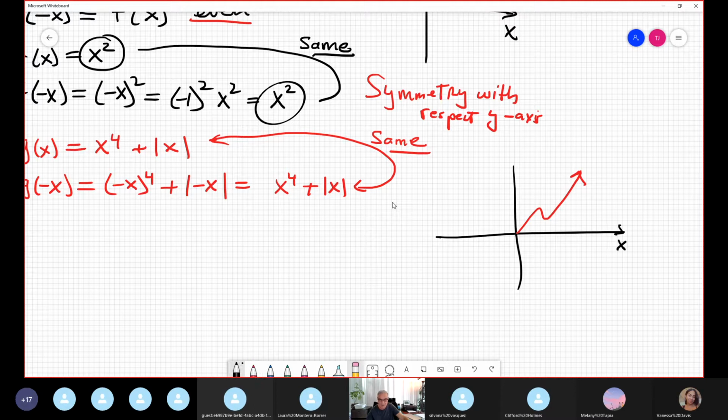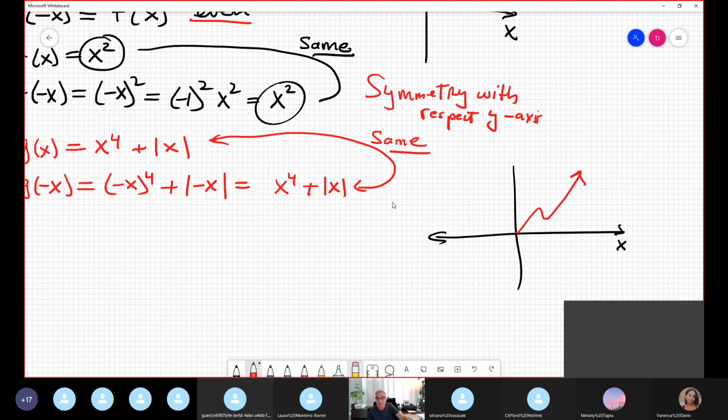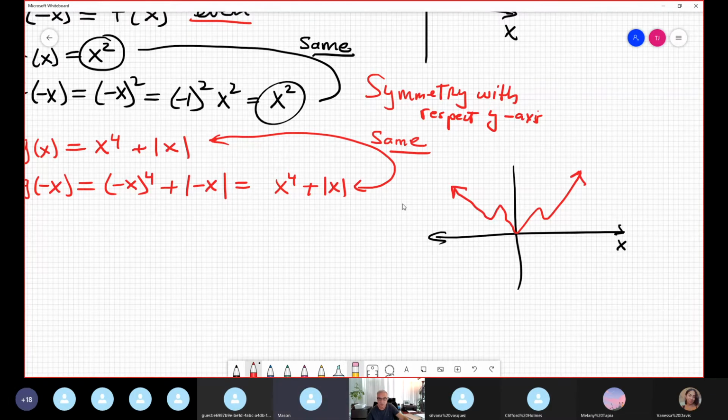Now in the negative part of x it is exactly the same, like that. That is the reason it is an even function. Do you follow me? For an even function, replace x with negative x, make a reflection, and nothing happens.